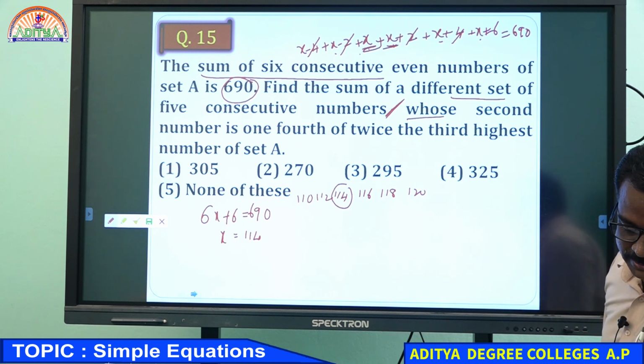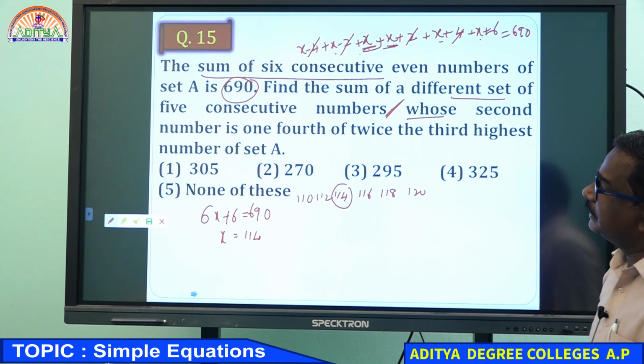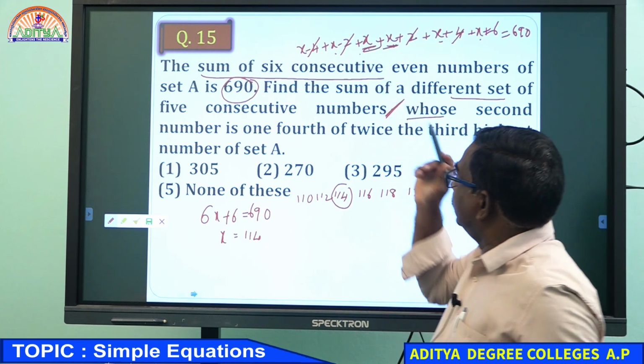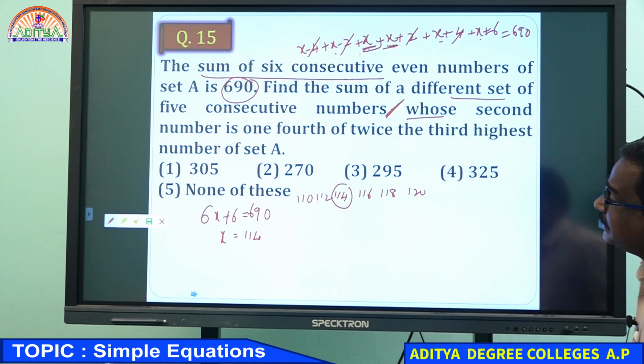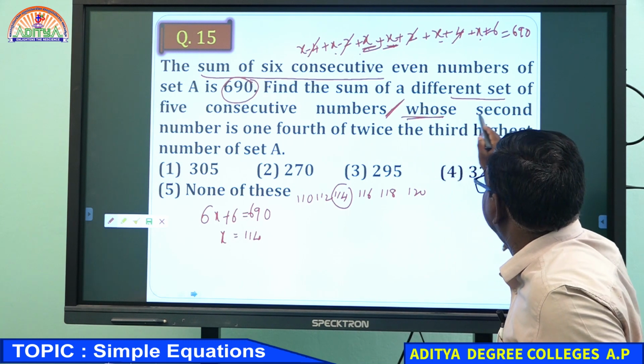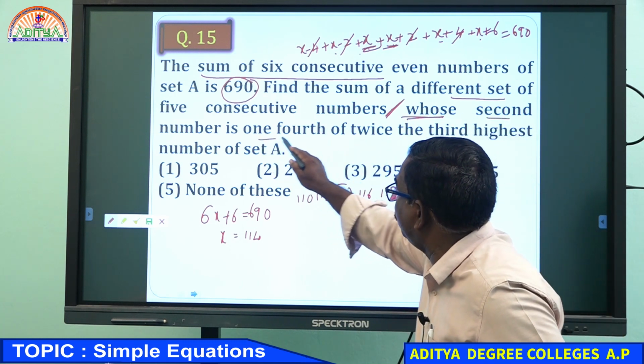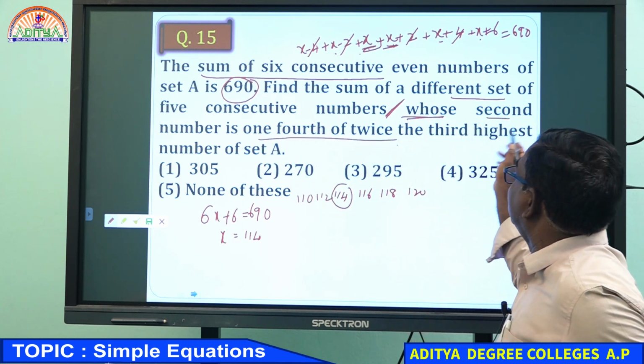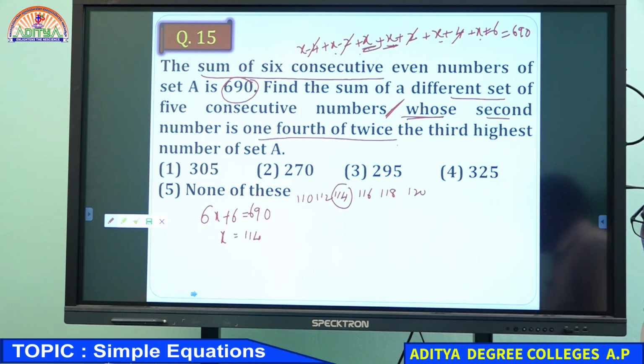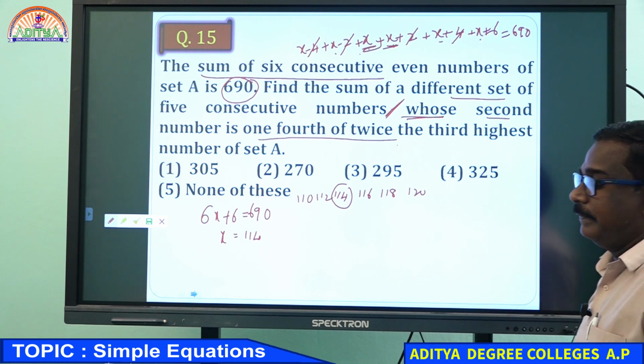You need to keep concentration. Read it carefully. Whose second number is 1/4 of twice the third highest. 1/4 of twice the third highest. That you need to take.